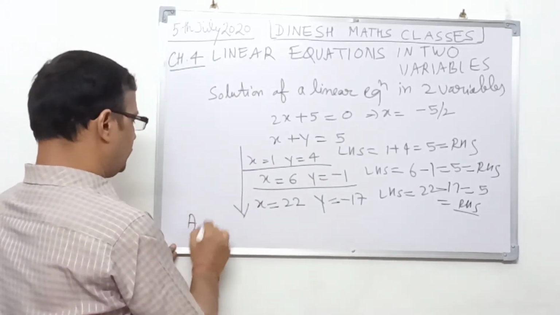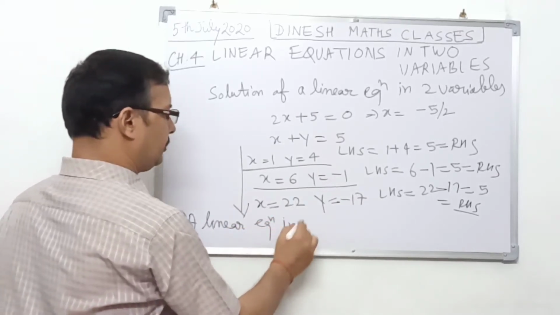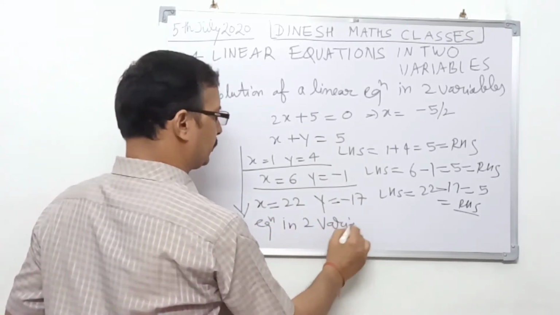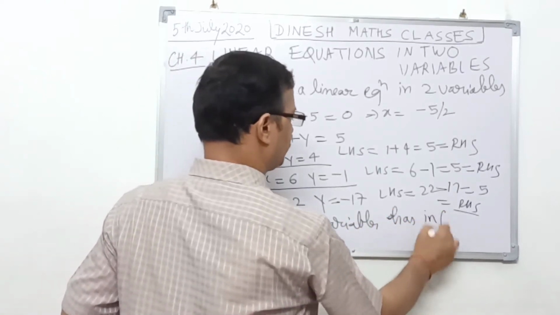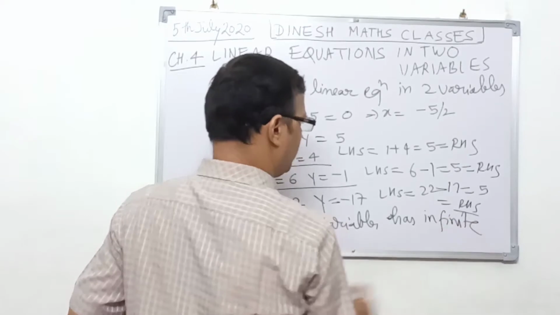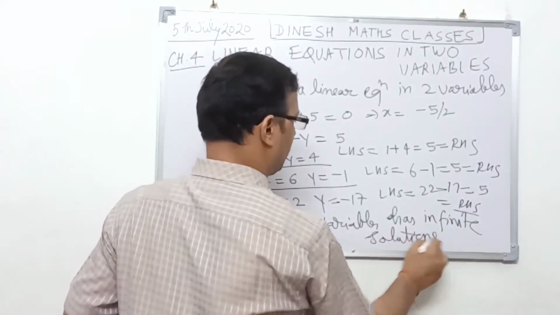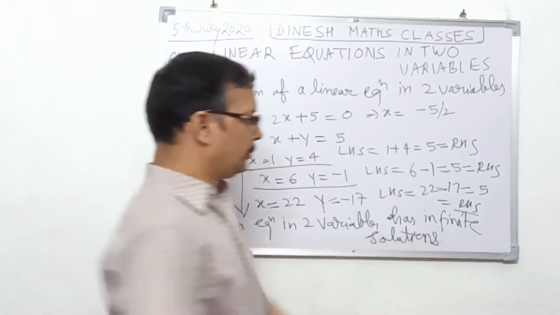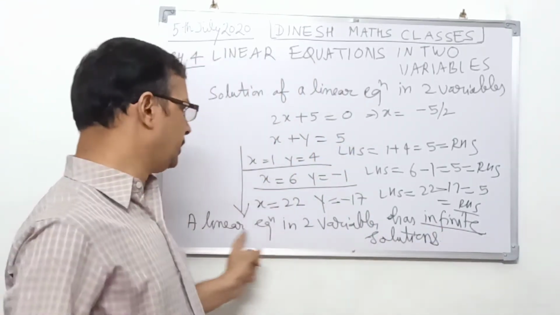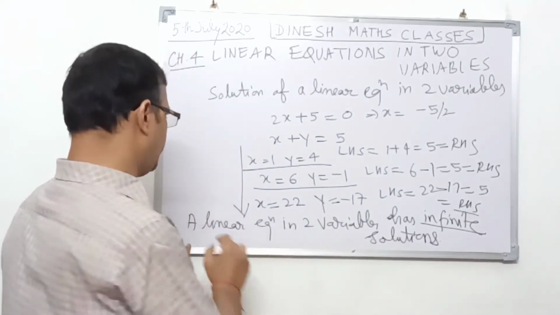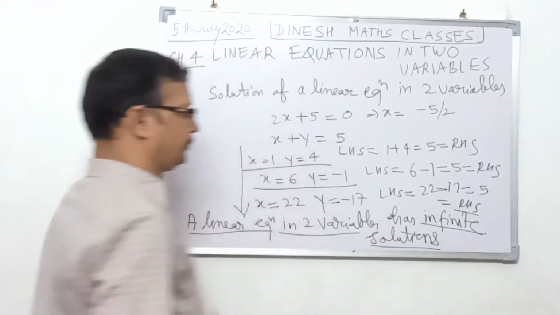A linear equation in two variables has infinite solutions. So note the pronunciation of this word. It is not infinite, it is infinite. That is, an unlimited number of solutions. A linear equation in two variables has an infinite number of solutions.